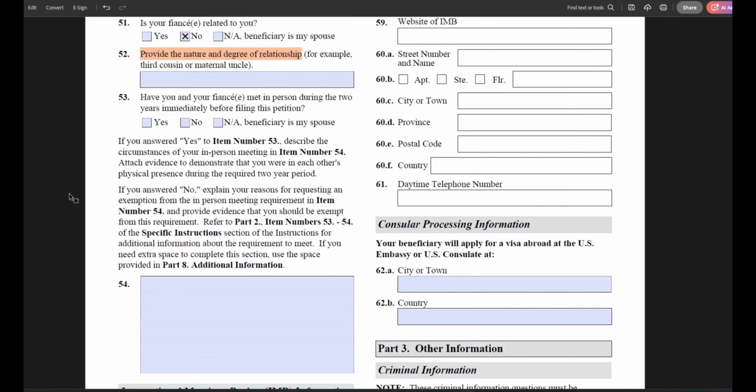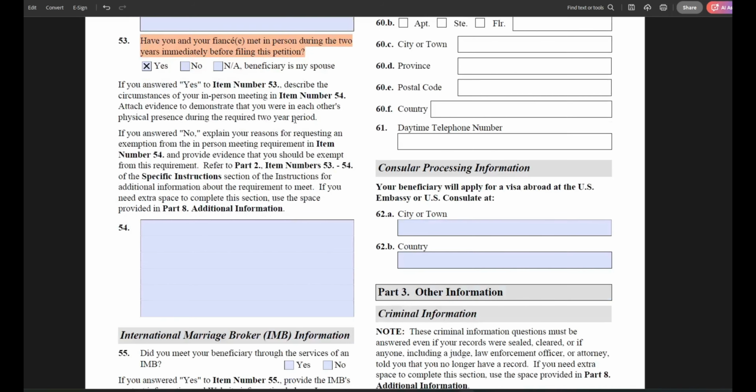Next, it asks if you and your fiancé have met in person during the 2 years immediately before filing this petition. It doesn't mean you had to spend the entire 2 years together, but it means that you must have met at least once in person. If you answer yes, they will then ask you in question 54 to provide the circumstances of your in-person meeting.